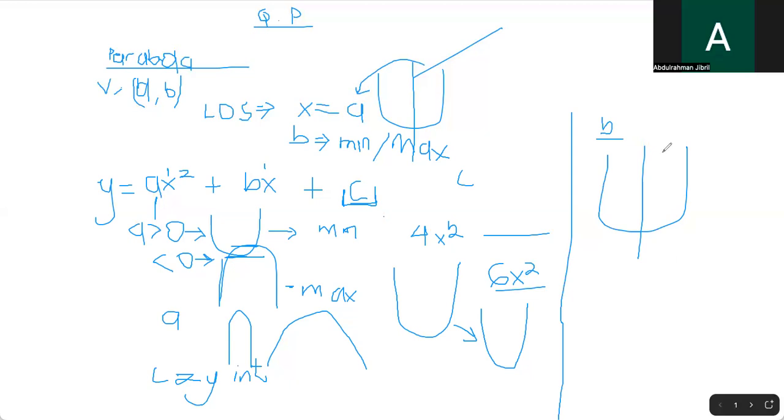Now, let's say this is our graph, and this is our y-axis, and this as our x-axis. Now you know this will be our y-intercept because that's where it crosses our y-axis.